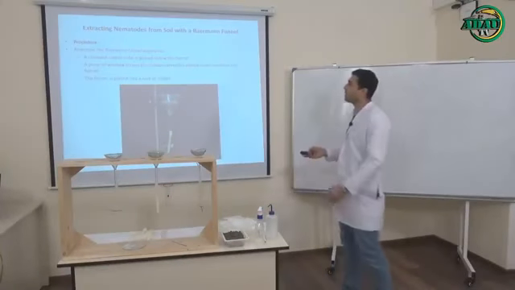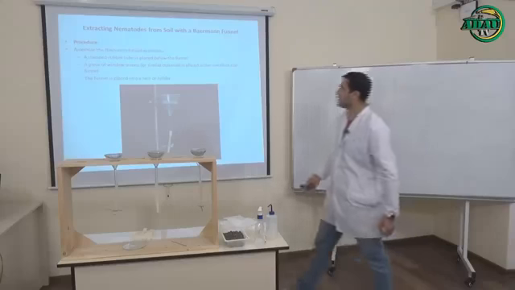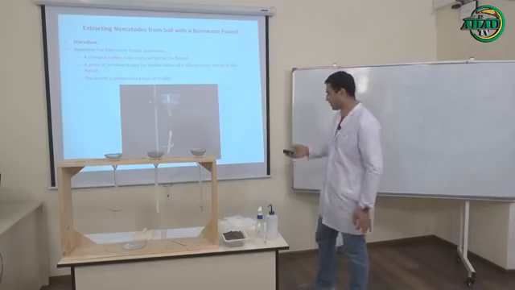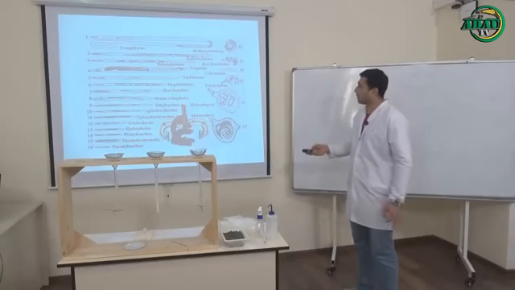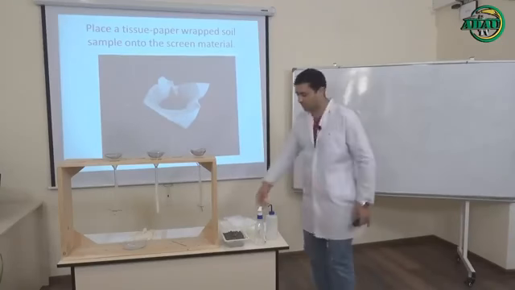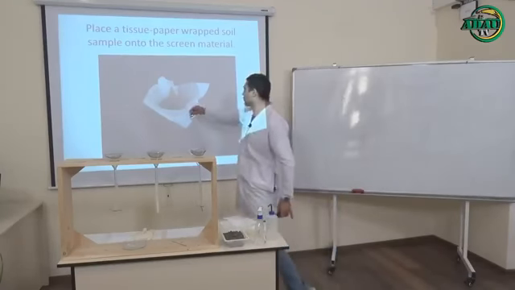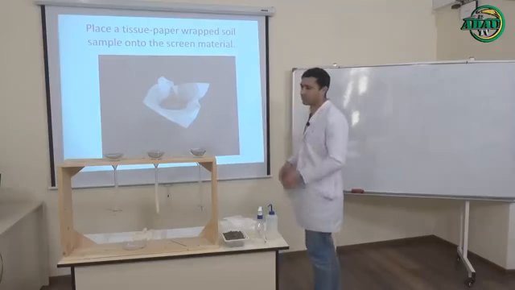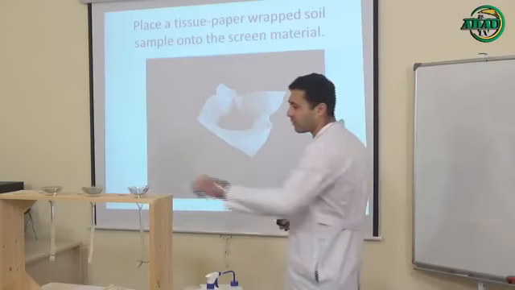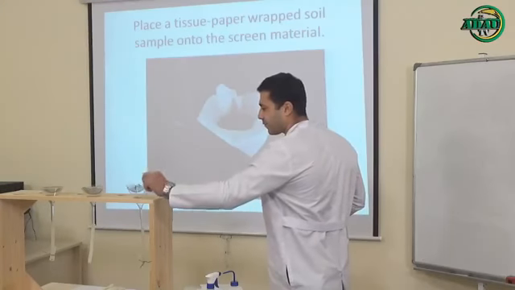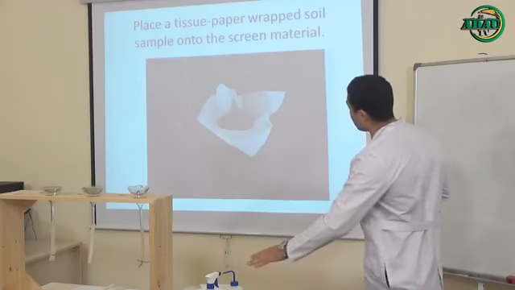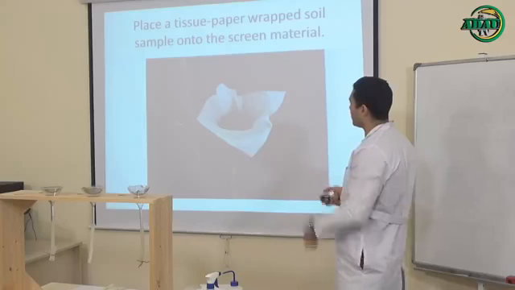So, what is a Baermann funnel? As you can see here, a glass or rubber funnel. Then we have to put a napkin inside the funnel. Before the napkin we have to use sieves, which help to keep the napkin on the upper side of the funnel.